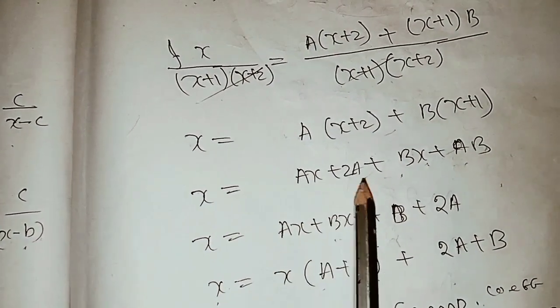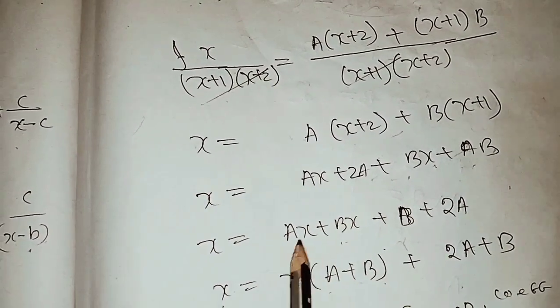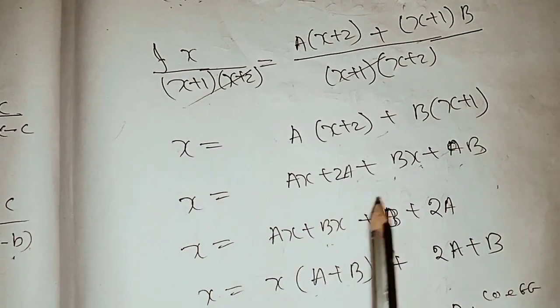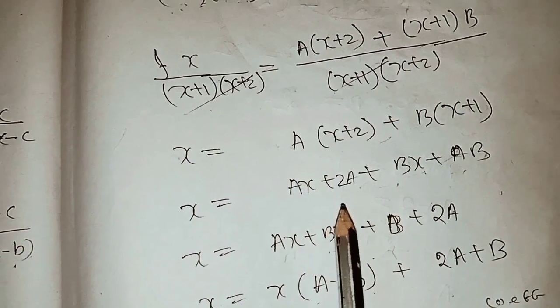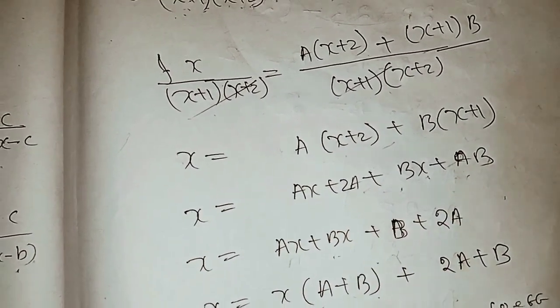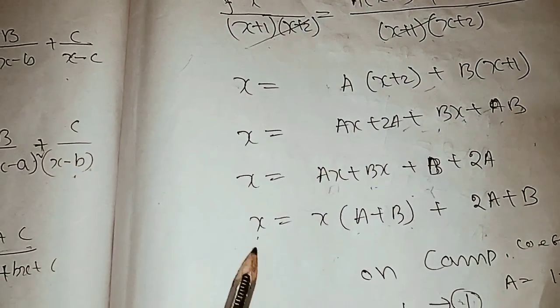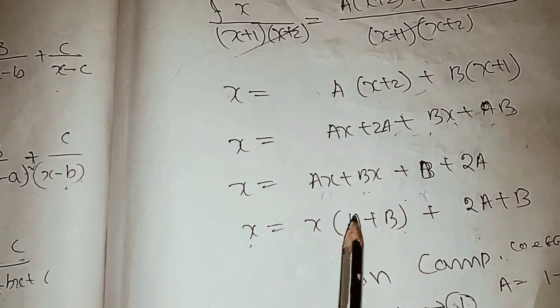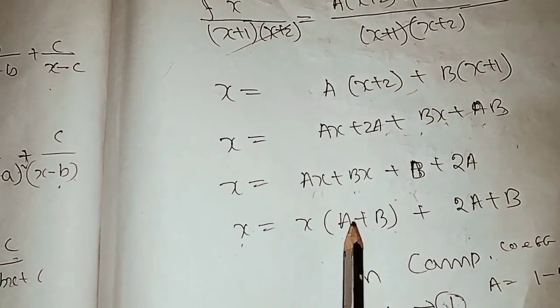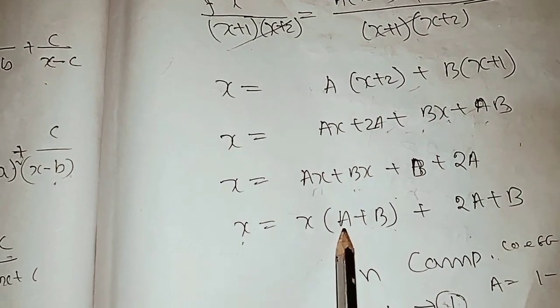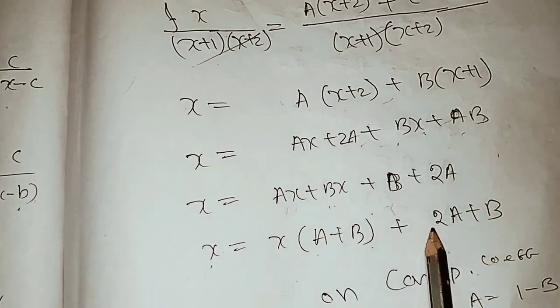So ax and bx are similar, so we simply separate them. Okay, so ax plus bx and 2a plus b, so you can see x is equal to x, and we take the common x and under the brackets remaining a plus b, and plus 2a plus b.